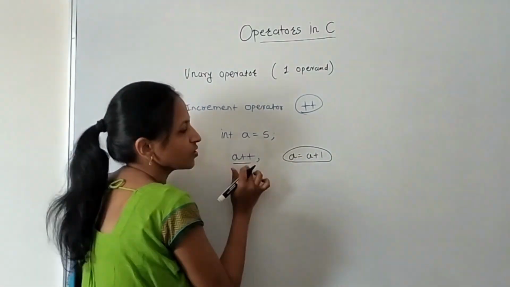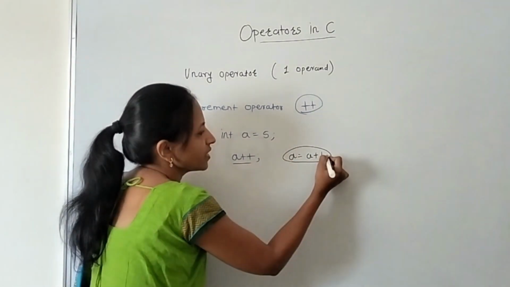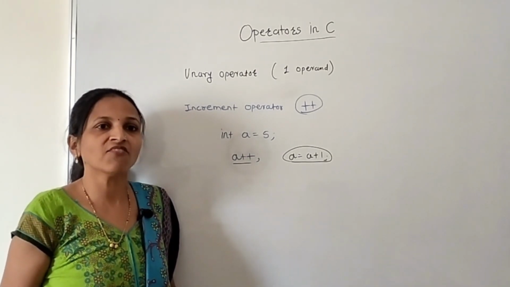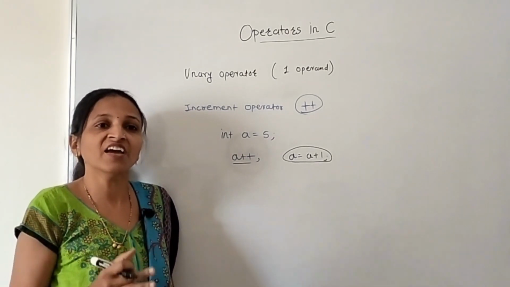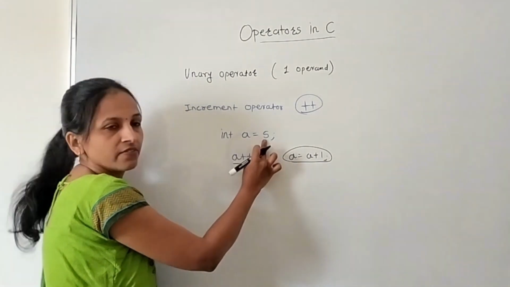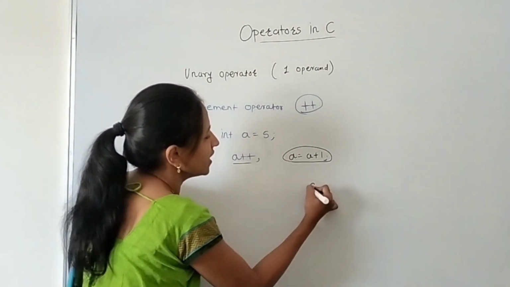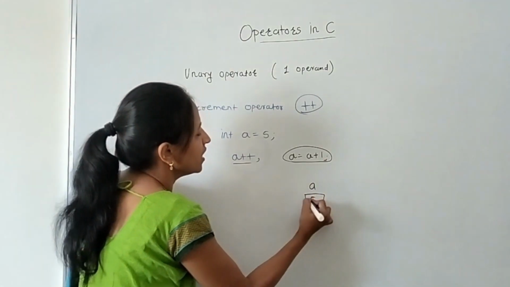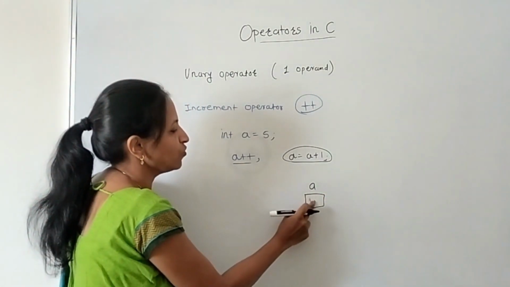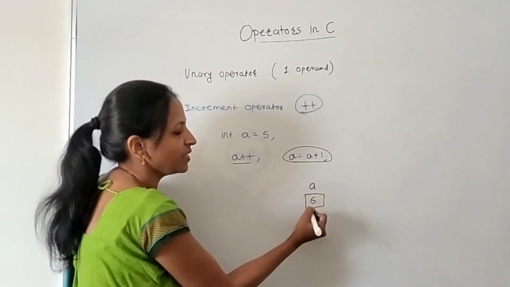Initially a has the value 5, and after execution of this statement its value will change and become 6.